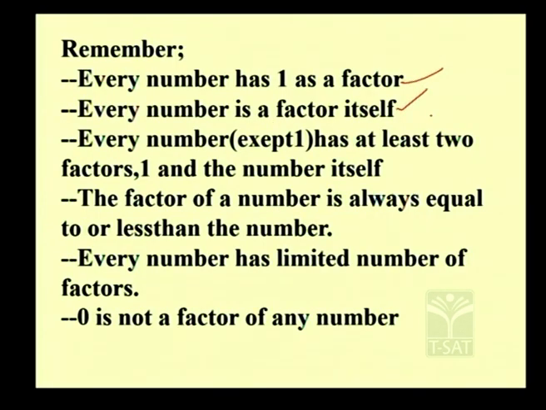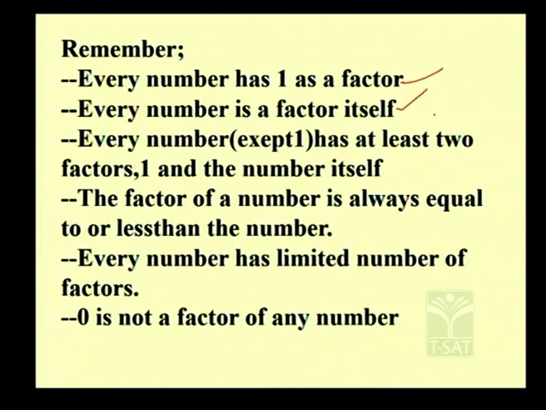We already observed that 81 into 1 is equal to 81, 24 into 1 is equal to 24. What is the meaning that 24 divides 24 exactly? 81 divides 81 exactly. So, 81 divided by 81, remainder is 0. 2 divides 2, we will get 0 remainder. So, every number has a factor, itself, and you observe on the screen every number except 1 has at least 2 factors, 1 and the number itself.